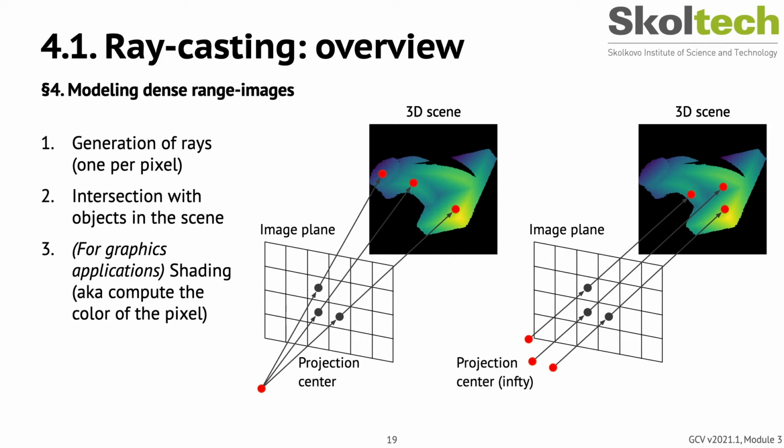For parallel projection, the rays are perpendicular to the image plane. An intersection between the ray and each surface point along its path must be computed. For graphics applications such as realistic rendering or normal mapping, shading must be computed at the intersection point to end up with the color of the pixel.